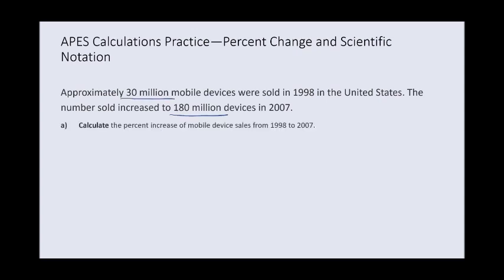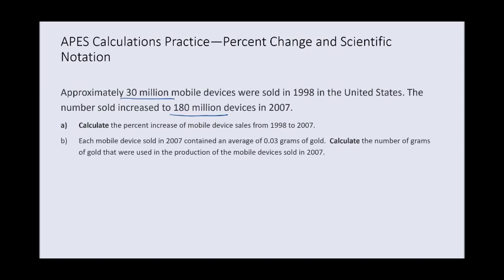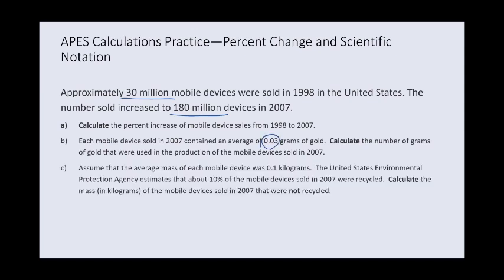A, calculate the percent increase of mobile device sales from 1998 to 2007. B, each mobile device sold in 2007 contained an average of 0.03 grams of gold. Calculate the number of grams of gold that were used in the production of the mobile devices sold in 2007. So now we've got some big numbers in the millions, and some really tiny numbers as well.